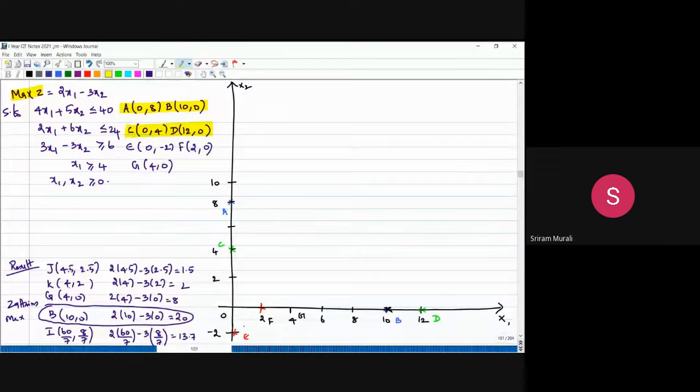For the third constraint, take x1 is equal to 0, what is x2? Minus 2. Take x2 is equal to 0, what is x1? It is 2. And the last one is more than or equal to 4, that is x1. So x1 equal to 4 is an equation of a line parallel to the y-axis.